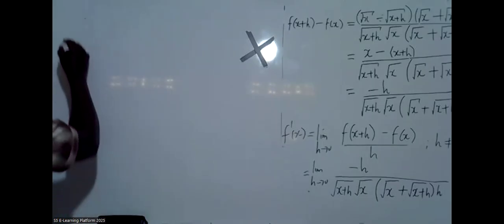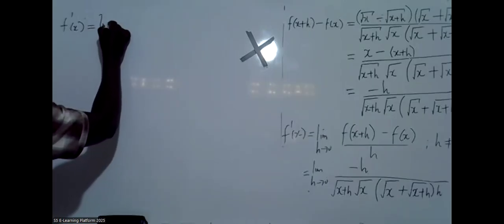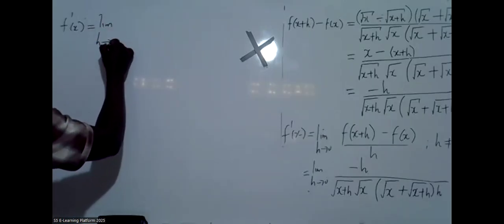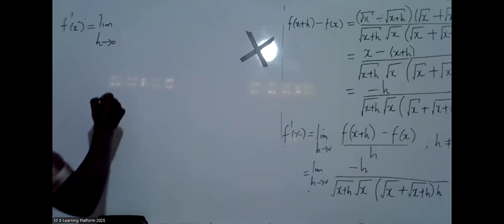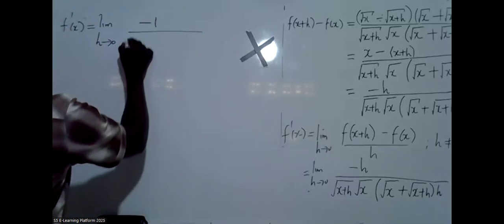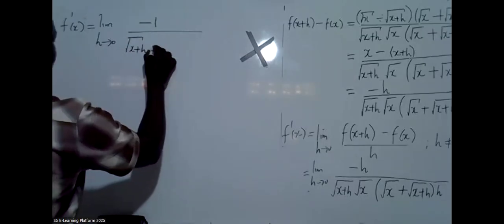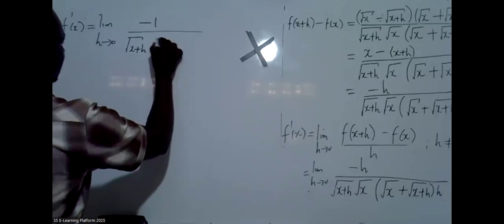We said our new f dash of x becomes the limit as h tends to 0 of, we said this one goes with that, so you're left with only negative 1 in the numerator. Divide by root x plus h times root x.